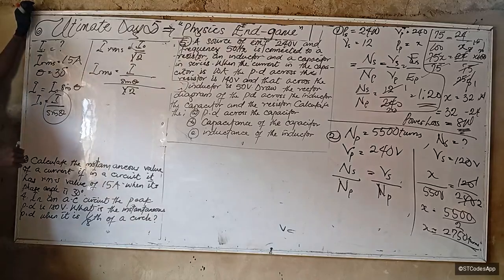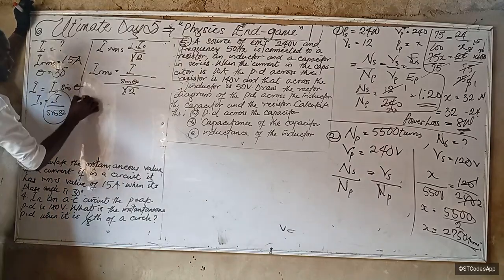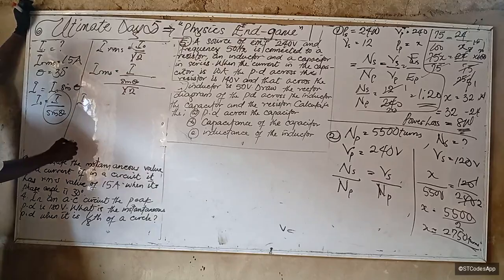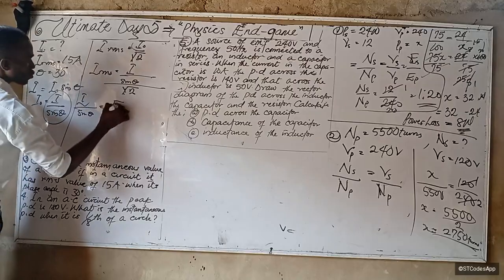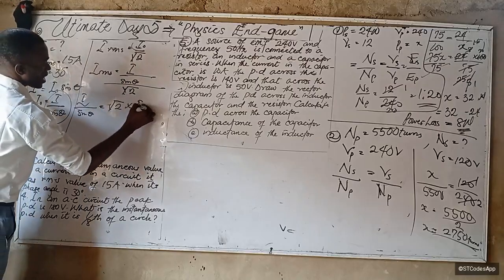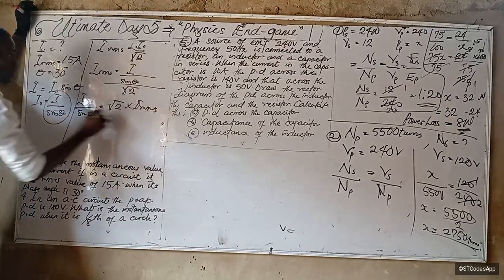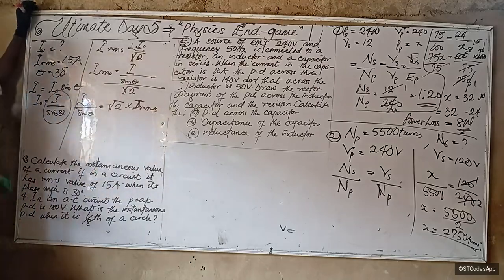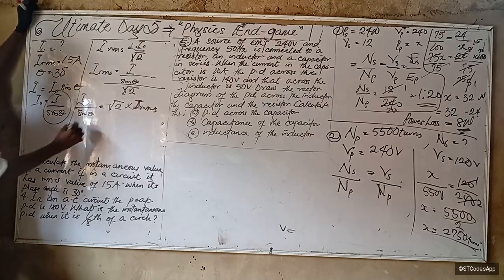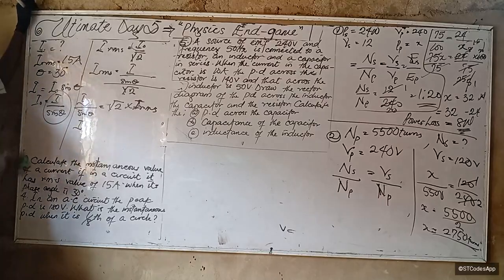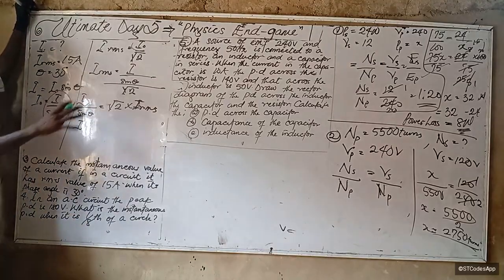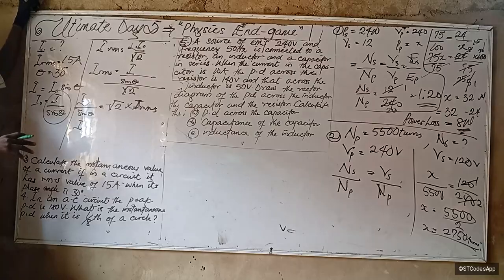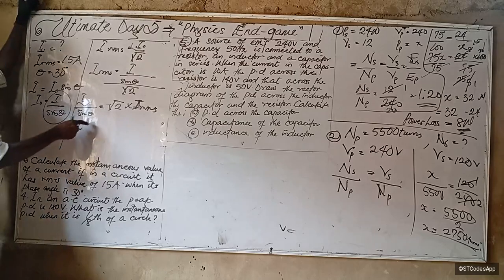Does this make sense? It therefore means that the instantaneous value I over sine theta is equal to root 2 times I RMS. Are you still following with me? The reason I'm being explicit is that we could just plug in our values already, but this way we can generate another equation.